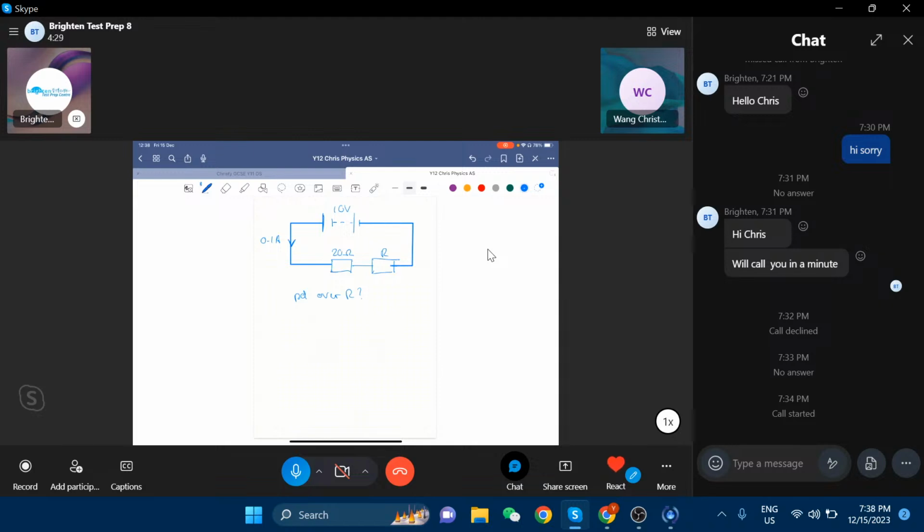What do we have to consider? 10 volt over 20 ohm plus R. Coming closer. Let's go step by step.